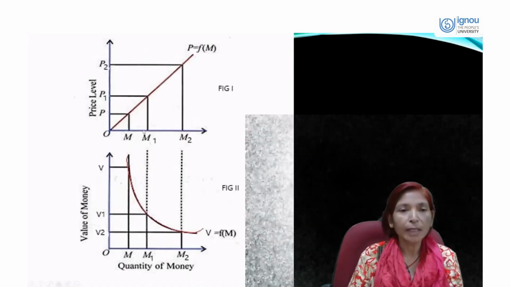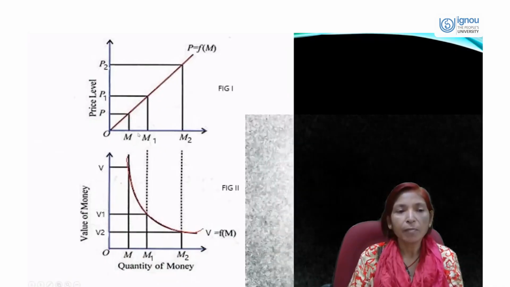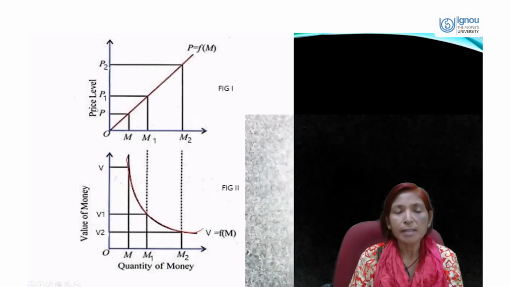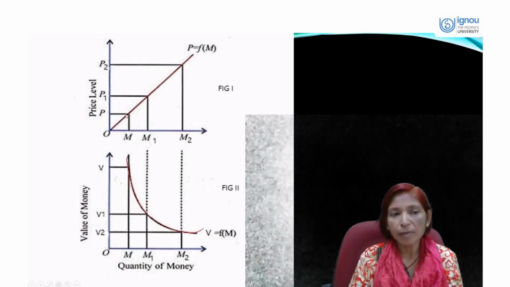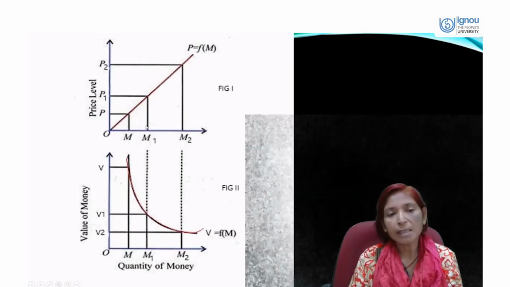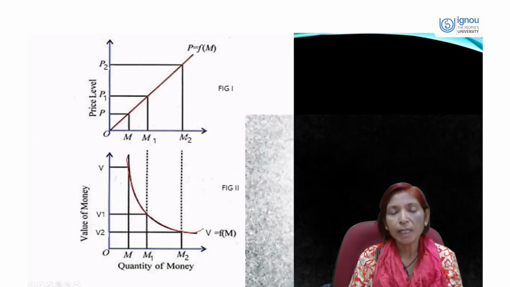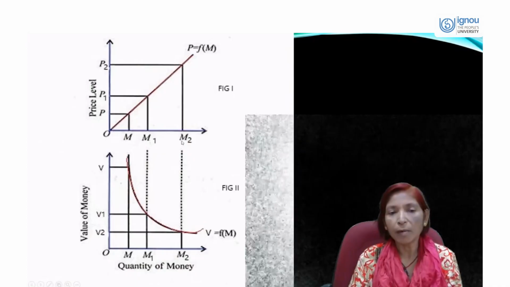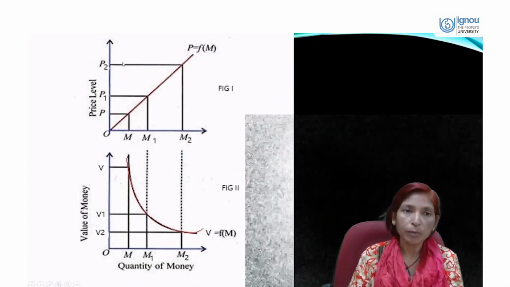The first figure shows the direct relationship between money supply and price level. When money supply is less, price will be less. As money supply increases, price level will also increase. If money supply increases from M1 to M2, then price level will also increase from P1 to P2.